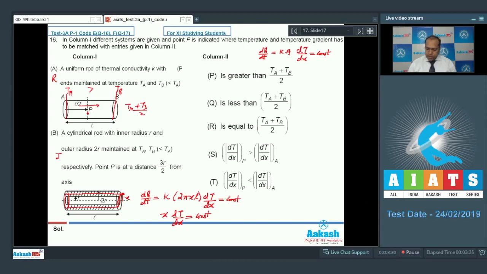So the temperature at point P can be found by writing this equation in this way: dx by x is equal to some constant, let k dash, into dT.